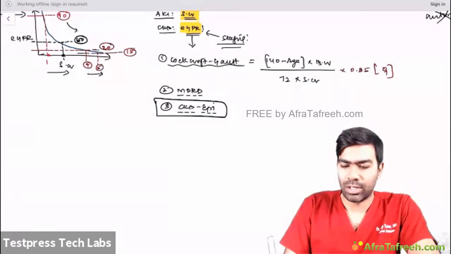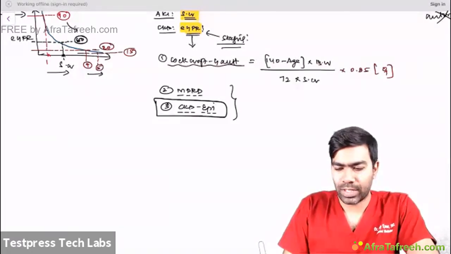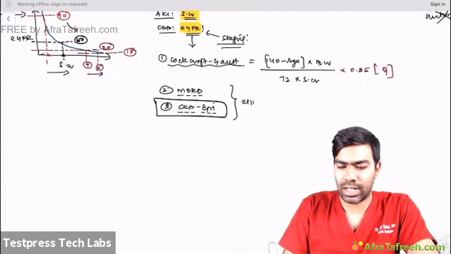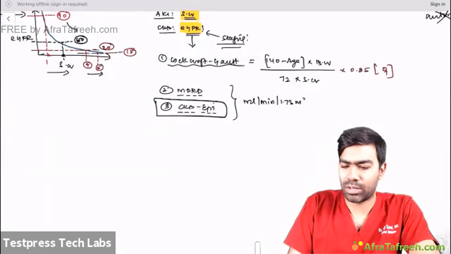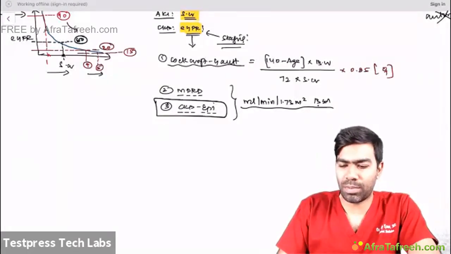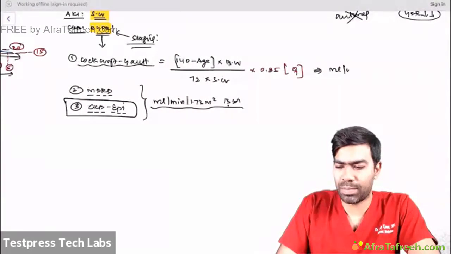One important difference to notice: the MDRD and CKD-EPI equations give the eGFR in mLs per minute per 1.73 meter square body surface area. So they directly give this value. But the Cockcroft-Gault equation will tell only the GFR in ml per minute.